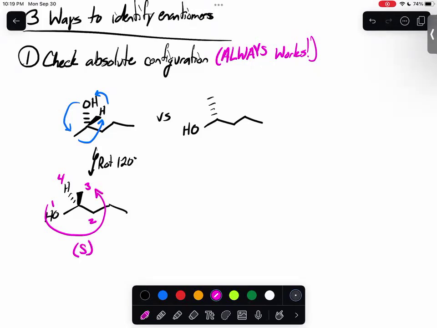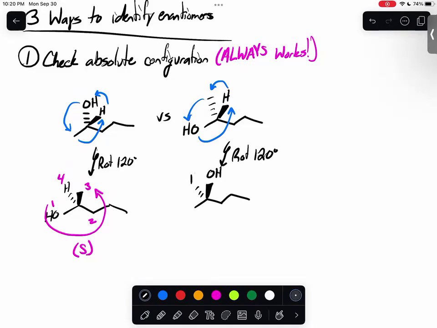On the other hand, for this one over here, we also have to draw in that other substituent, which is a hydrogen. So we do need to rotate that one to the back where that methyl group is. So this is going to be a very similar rotation, 120 degrees. Keep in mind you could use the right hand rule for this if you wanted to. I am not doing so just for the sake of keeping everyone who doesn't want to use that in the loop.